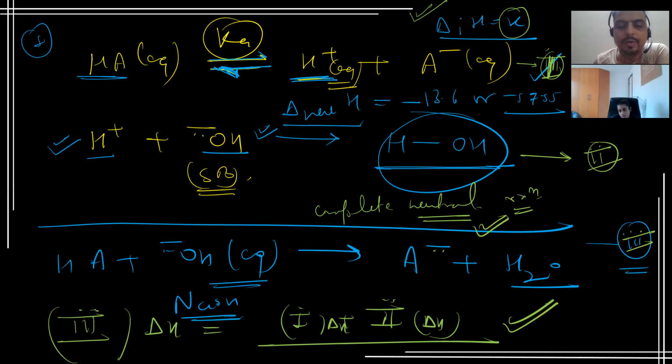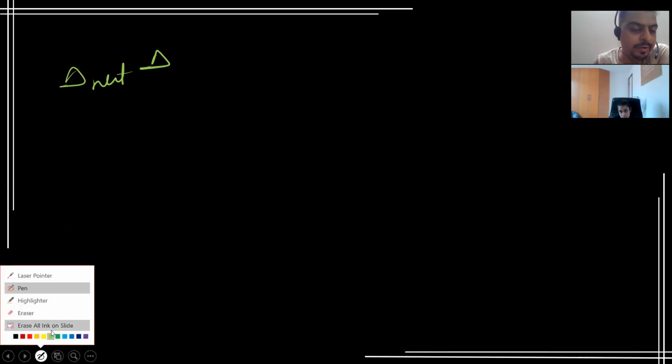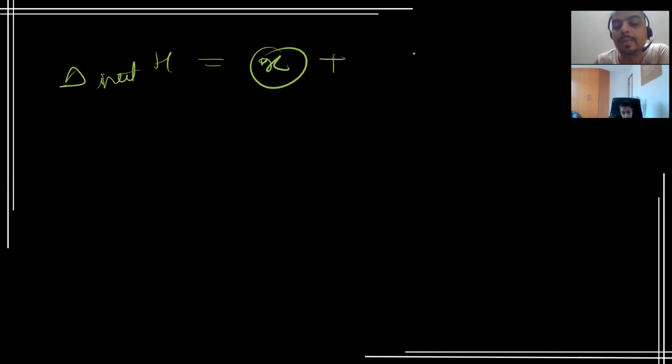If you want the ionization value, how can you calculate it? The delta neutralization H will be given to you. That data will be given. Delta neutralization H equals X, the ionization enthalpy, plus delta neutralization H of strong acid and strong base.